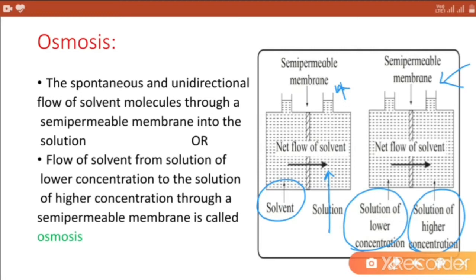But the net result is that there is a decrease in concentration of the solution which was originally of higher concentration. So the net result is decrease of concentration of solution in osmosis.